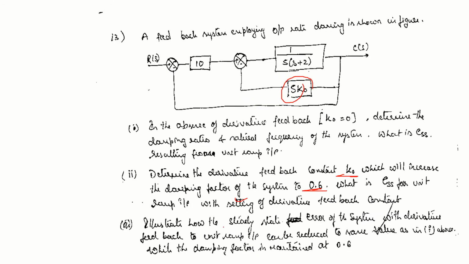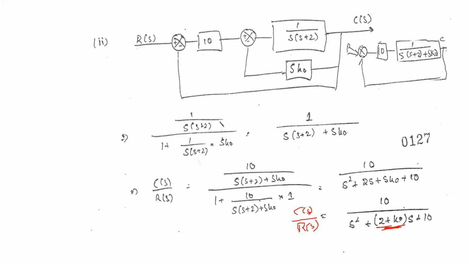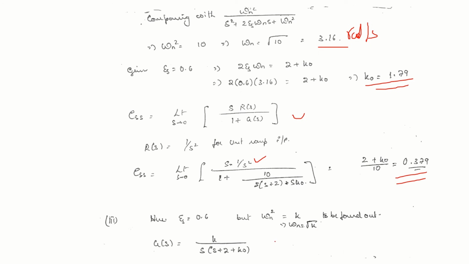Third part of the problem. Illustrate how the steady state error of the system with derivative feedback to unit ramp input can be reduced to the same value as in part one while the damping factor is maintained at 0.6. Zeta is 0.6.